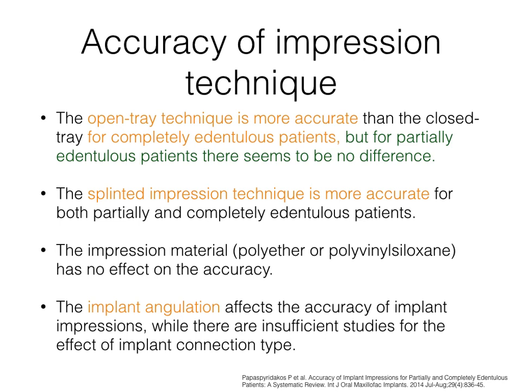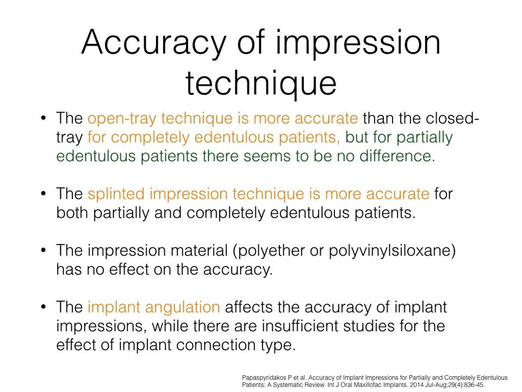However, at the University of Detroit Mercy, we prefer that you practice the open tray, because the open tray can be used more widely in different scenarios. If you want to take impressions of multiple implants at the same time, the research also said you may want to splint the impression copings together, because the splinting impression technique is more accurate for both partial and complete edentulous patients.